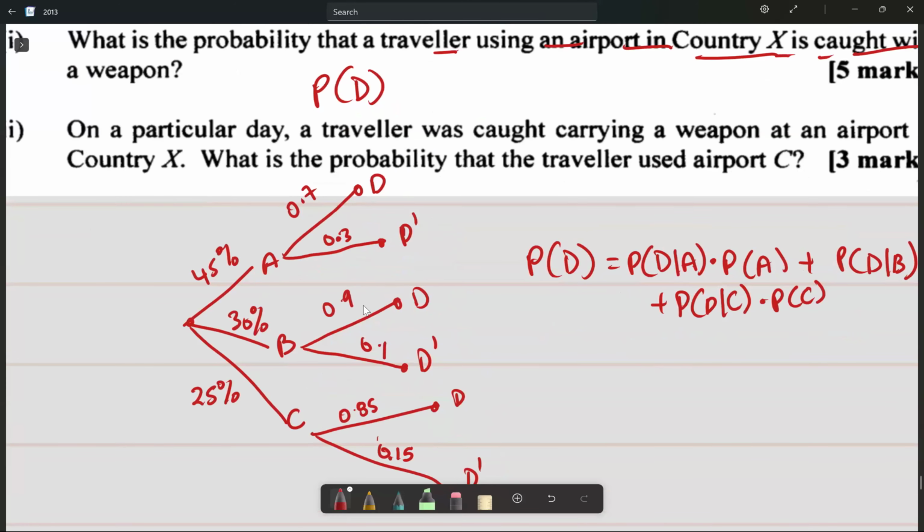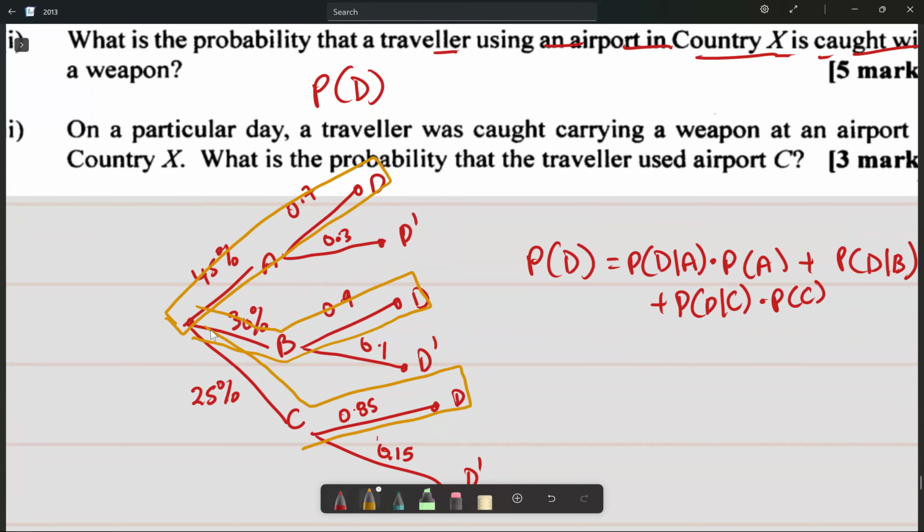What is this really saying? Well, this formula is also derived from the tree over here. What's the probability of D? It would be going along this line, plus going along this line, plus going along this line.